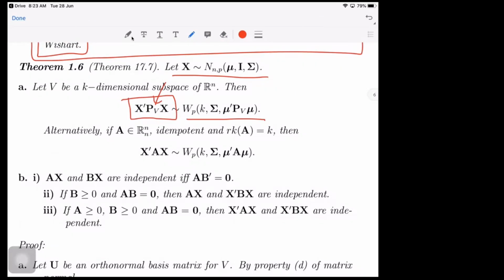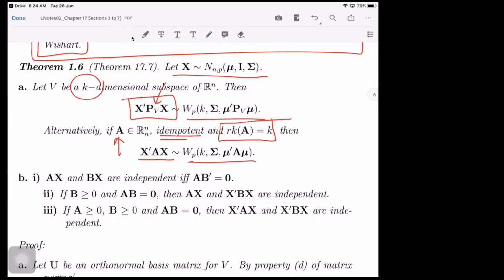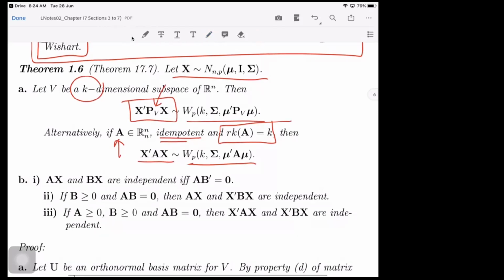And since projections satisfy the idempotent property, in particular, if we have a square matrix A, n by n, which is idempotent, on the condition that the rank of A is equal to K, where K is the dimension of our subspace V, then this transformation here, X prime A X, is Wishart with these parameters: K, sigma, and mu prime mu A.